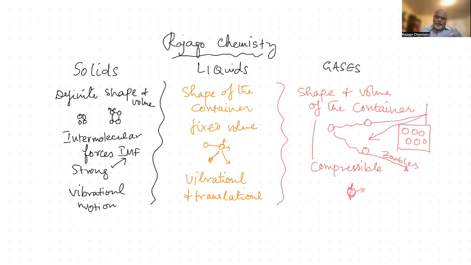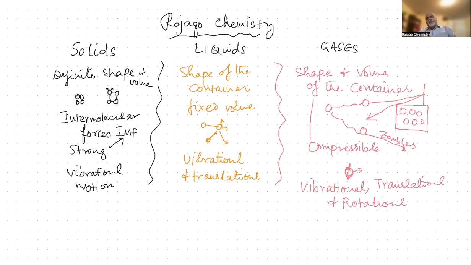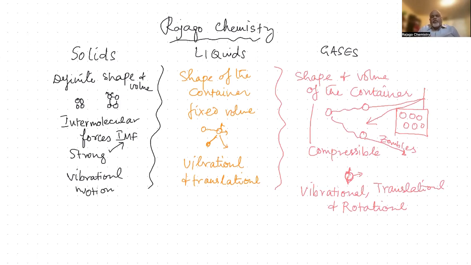So you have vibrational, translational, and rotational motion. If you look at the difference between solids, liquids, and gases, the intermolecular forces change between these three phases. And when they change, the motions are different.